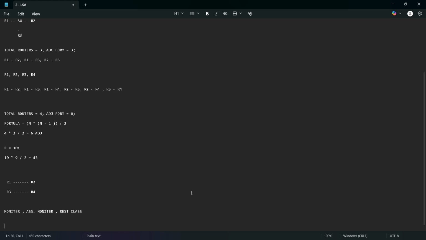Now if I want to fit this into the networking concept of DR and BDR, let's suppose we have router 1, that is our DR, the designated router. Our designated router works as the monitor, right? Then we have router 2, which behaves as BDR, the backup designated router.